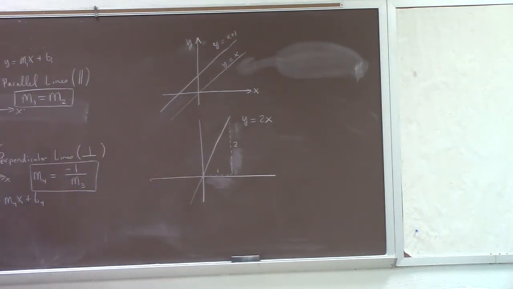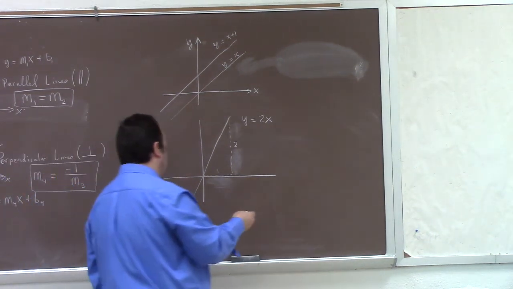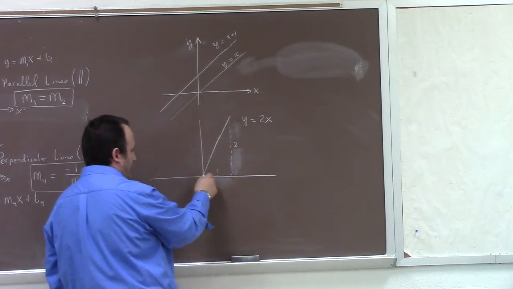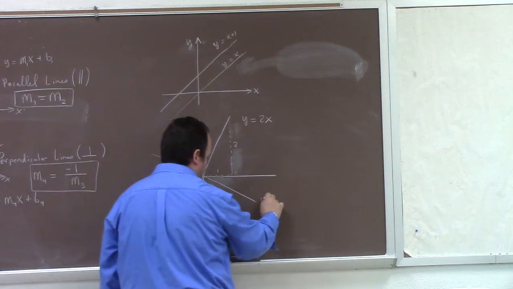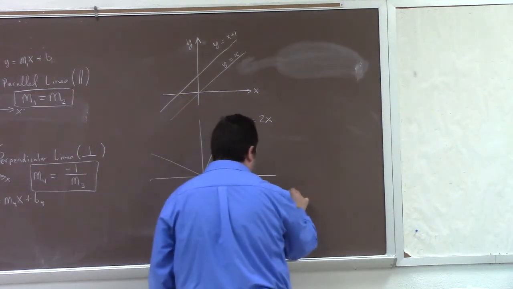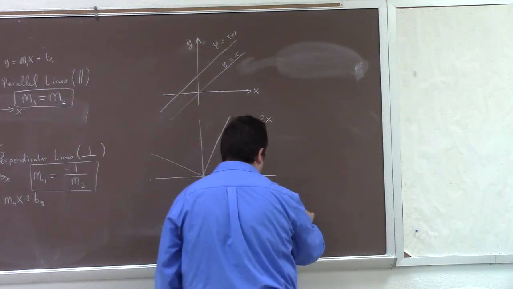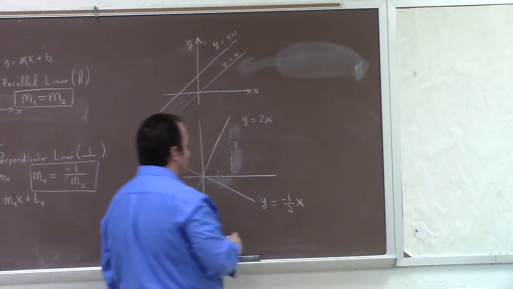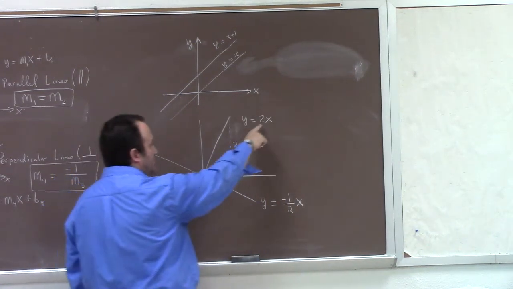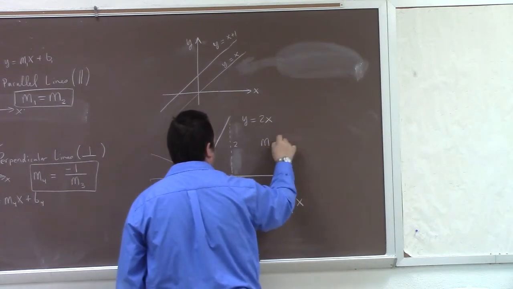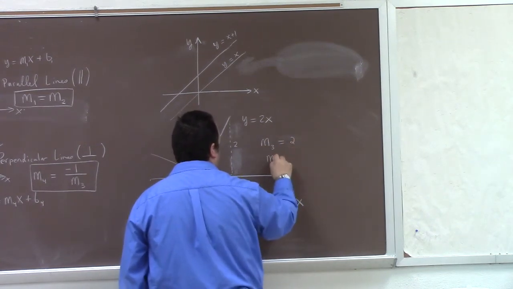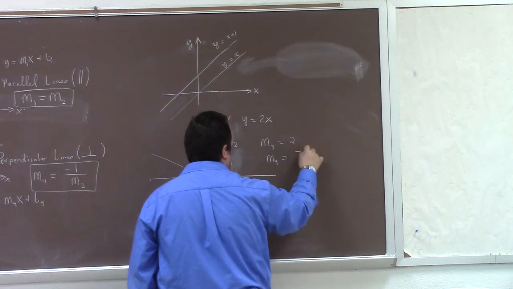My claim is that if you want a perpendicular line, you want something with slope minus a half, right? So slope minus a half, I'll go through the origin to keep it simple. So I'm thinking m3 equals 2, m4 equals minus 1 over 2.